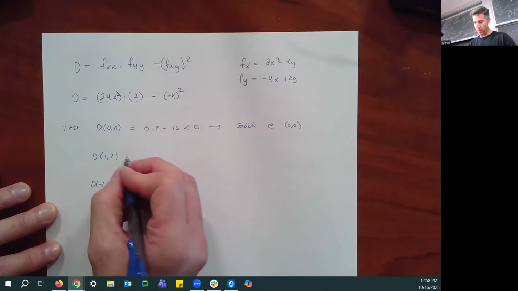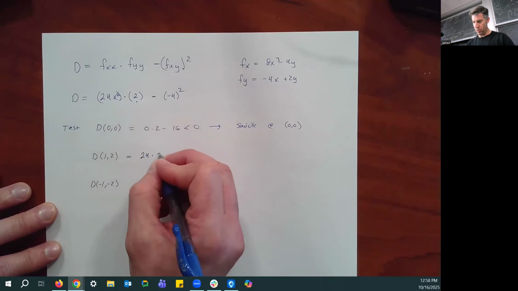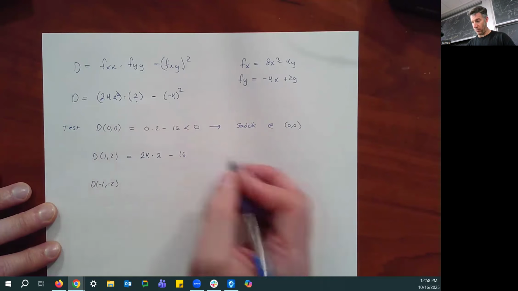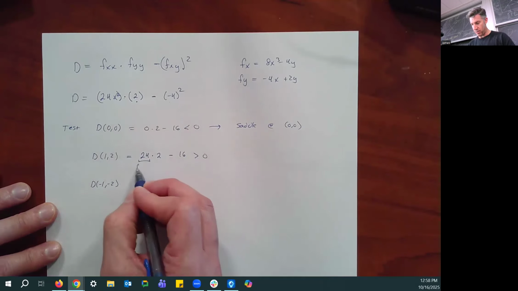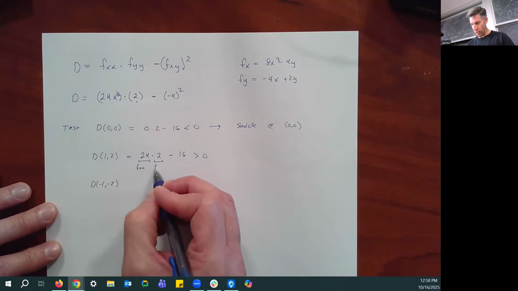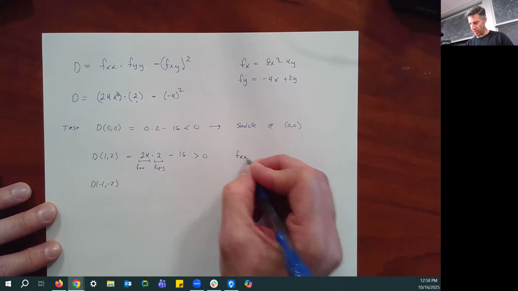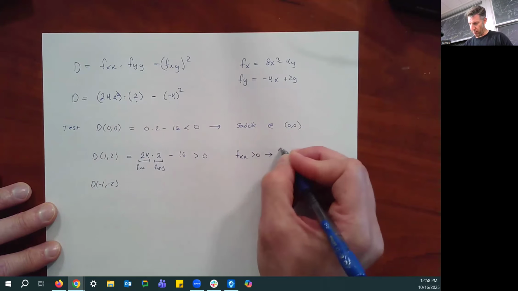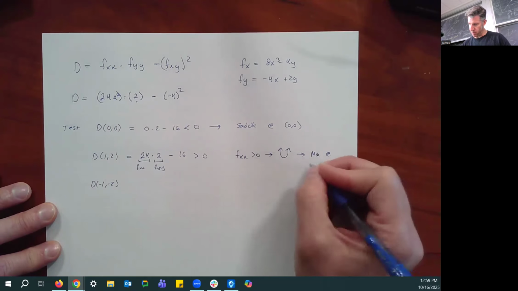If I plug in 1 comma 2, I'm going to get 24 times 1 times 2 minus 16. That's certainly positive. And since fxx or fyy is positive, we know we're going to have a minimum. fxx is positive. That means we're concave up. So we have a minimum at 1 comma 2.